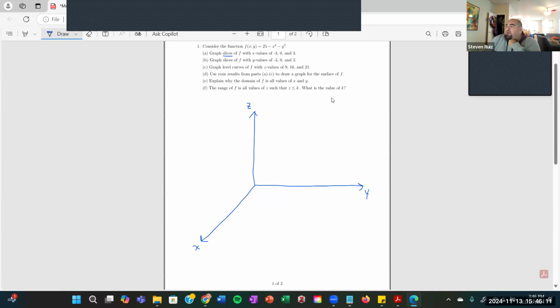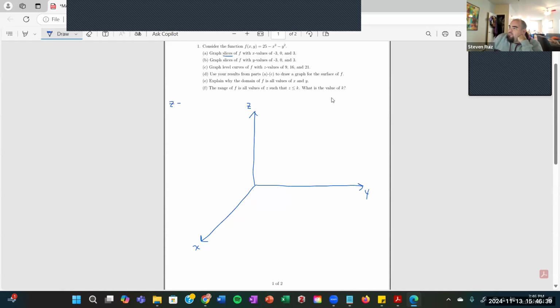What slices allow us to do is take one of our variables, make it constant, and graph the other two variables in response. So for part A, I'm reducing my function to this. I'm going to rewrite f of x and y as z.